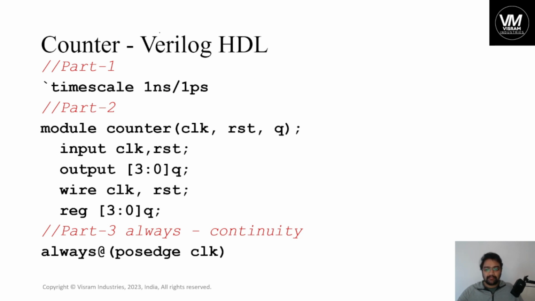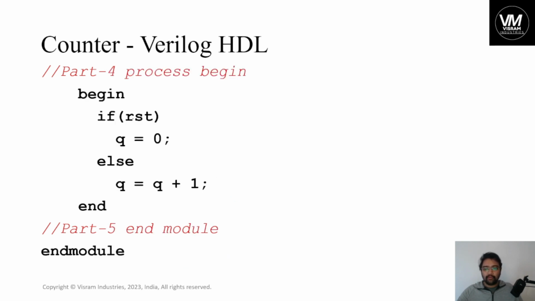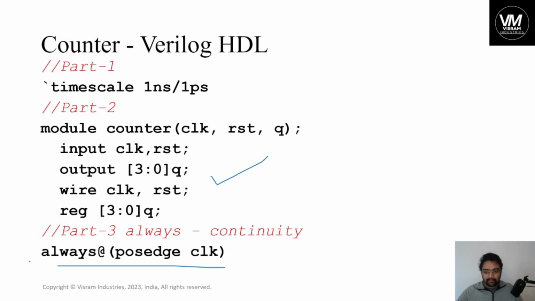One is time declaration, and module definition with input and output declarations. In every Verilog HDL program you see the module declaration, and this has to be there before beginning the process. So when do we begin the process? Only when the positive edge of the clock happens. We can also mention the negative edge of the clock.